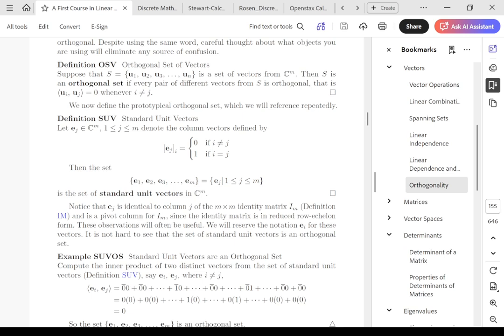Okay, so let's write that out so we're clear when we're talking about standard unit vectors, what I am referring to.